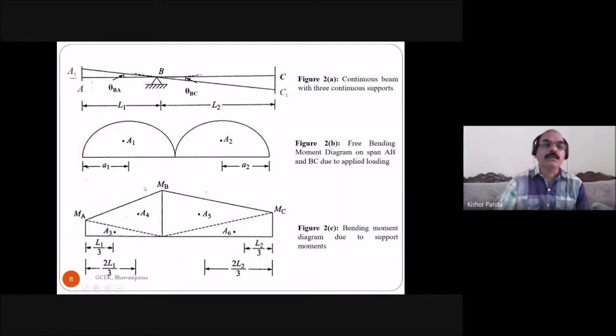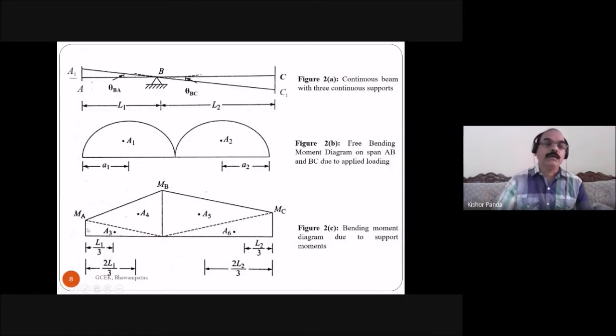Then the areas of the free BMD are A1 for span AB and A2 for span BC. Each is one trapezium. Here you take two triangles, with areas A3 and A4, and here also two triangles, A5 and A6.